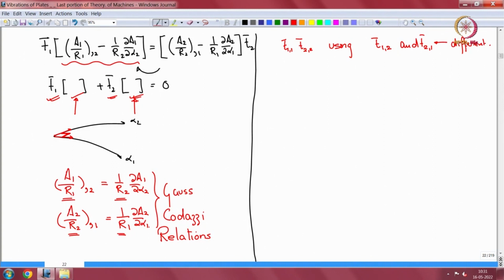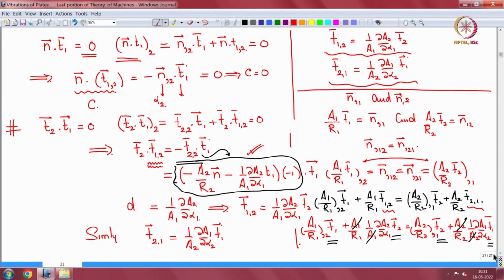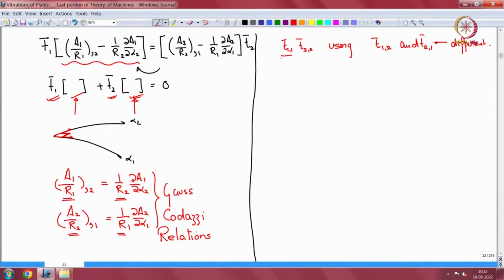Okay. So, there is no circularity. It is not that I am finding T12 using T22 and deriving T22 using T12. No. So, we will first derive T11 and T22 using a different set of T1 comma 2 and T2 comma 1. Okay. So, let us see.